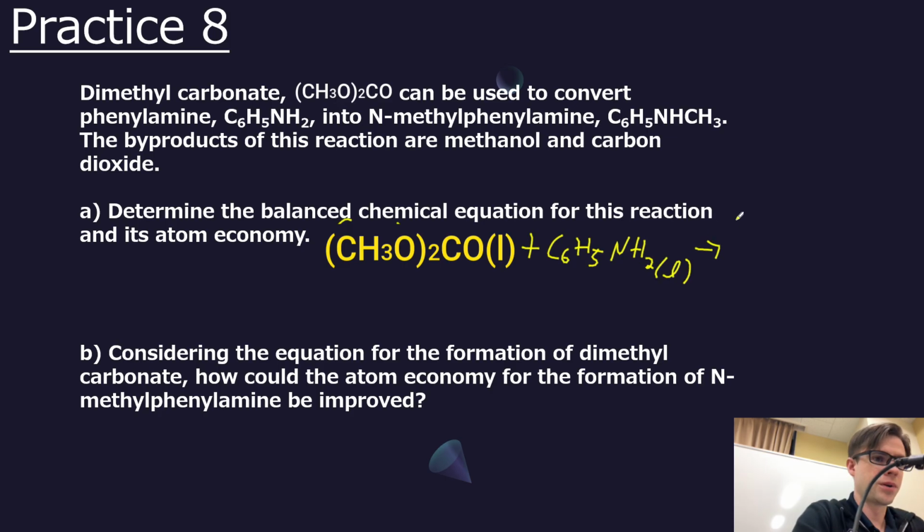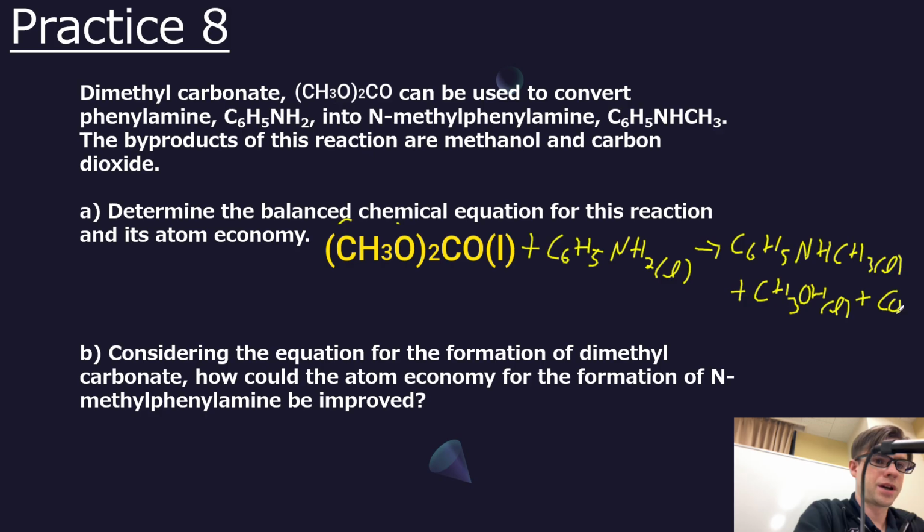This creates the target product, C6H5NHCH3, probably liquid, but side products, byproducts are methanol, that's CH3OH, liquid, and CO2, gas. Okay, you might want to check if that's balanced, but I've checked it and it is actually already balanced.